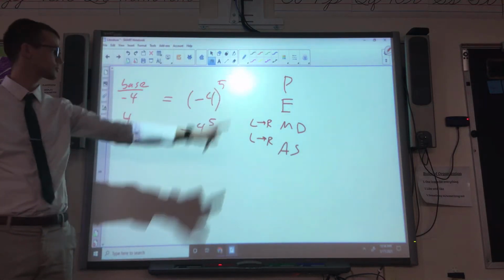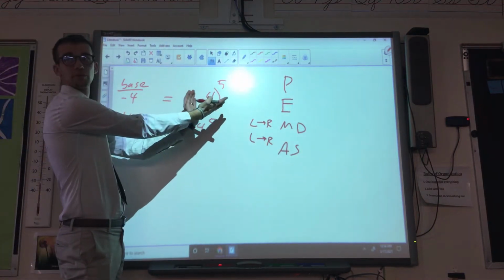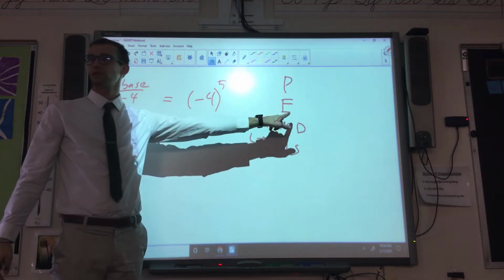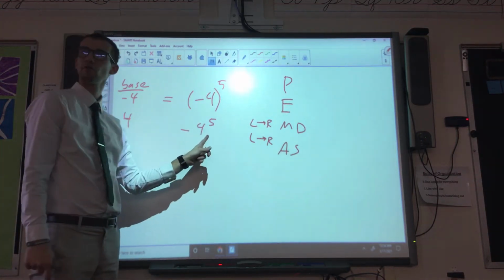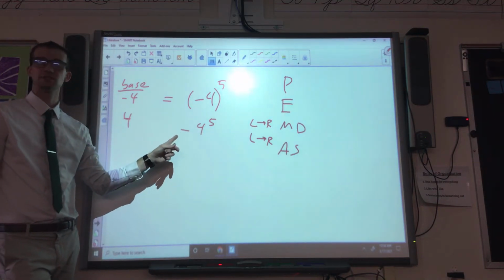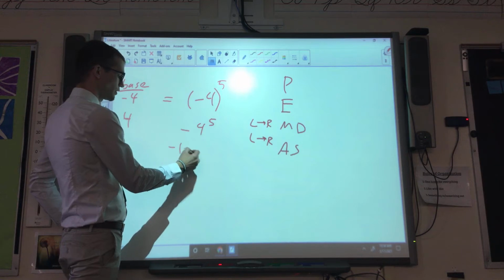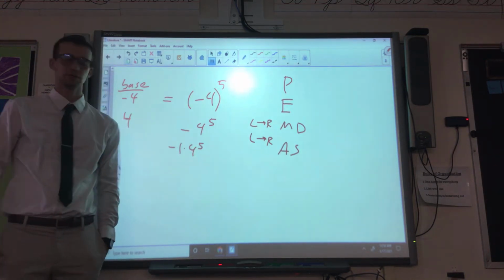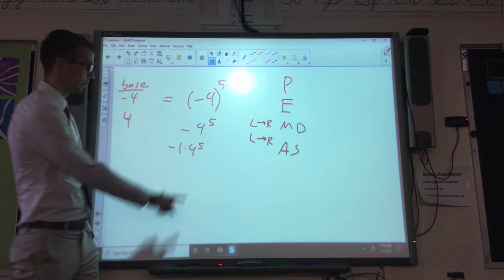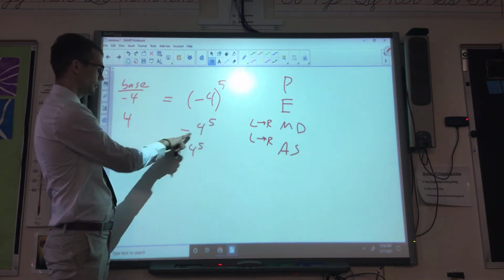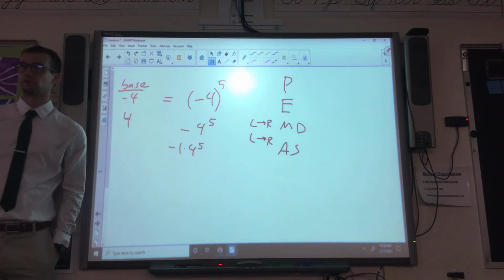Parentheses come first. This says, hey, this is the number -4, and it's to the 5th power. Exponents come second. This says you've got 4 to the 5th power, and the number is negative, because this is essentially saying -1 times 4 to the 5th power. That's what the negative in front means. But exponents come before multiplication, so the bases are different.